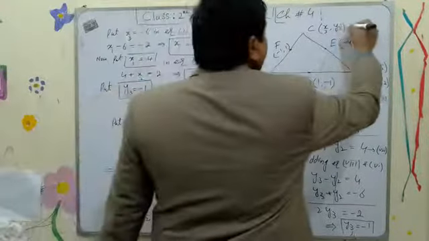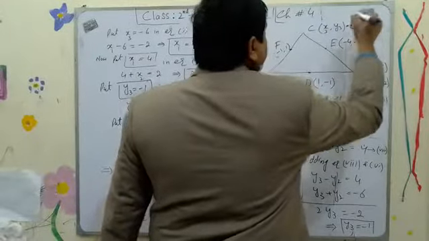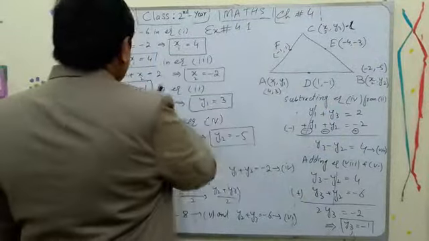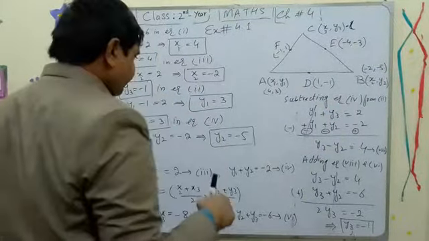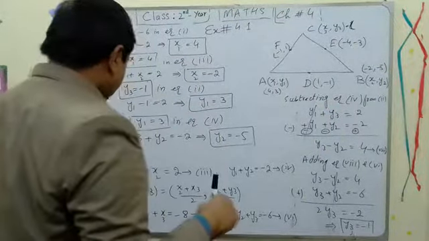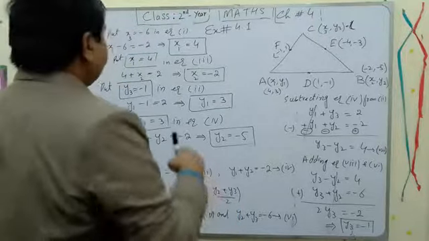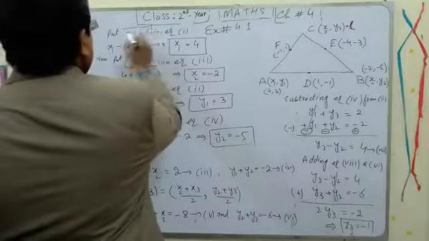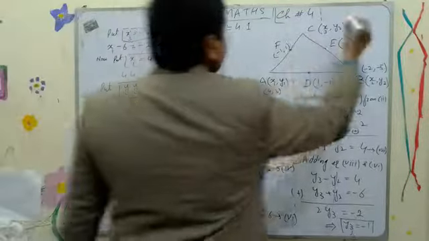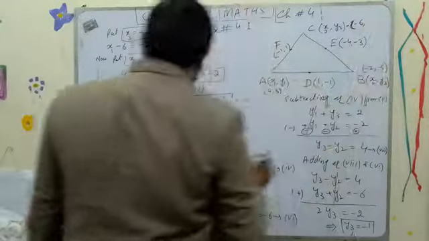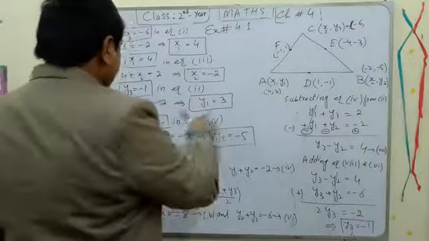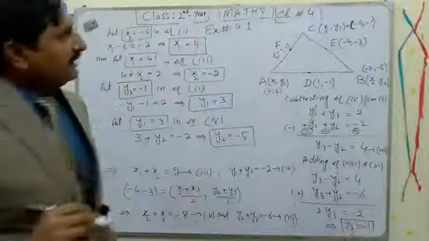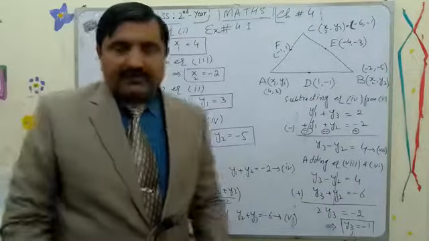And now at the end, what is the value of x3? That is minus 6. And the value of y3 is minus 1. So finally we have found all three vertices of the required triangle ABC.